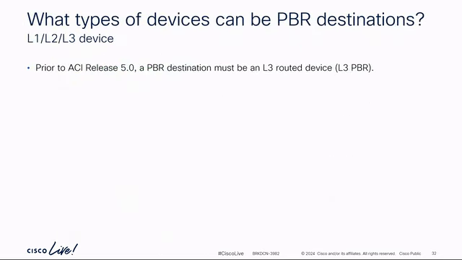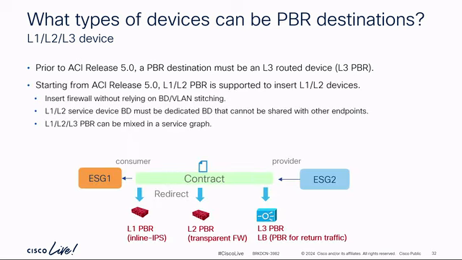Next, what sort of device can be a PBR destination? The answer is almost anything. Prior to 5.0, a PBR destination must be a layer 3 device, which means the device owns IP and MAC. Starting from 5.2, we support L1 and L2 PBR, and you can mix different types in the same service chain.